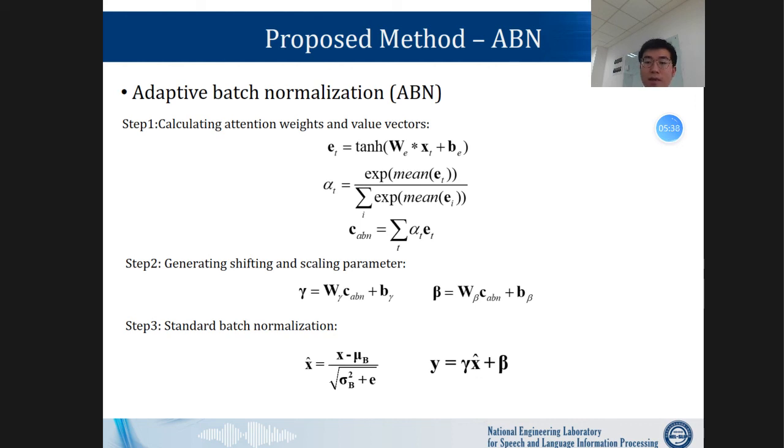First, the weighted context vector is calculated with the attention mechanism. Then, the scaling and the shifting parameters are generated from the context vector using fully connected layers separately. Finally, standard batch normalization is employed with the generated parameters.